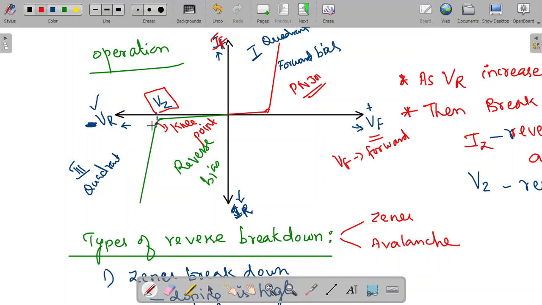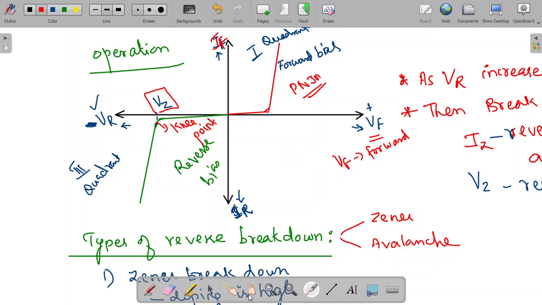It increases suddenly. This kind of operation is utilized for providing constant output voltage. This particular portion of the operation is used for the Zener diode as a voltage regulator.